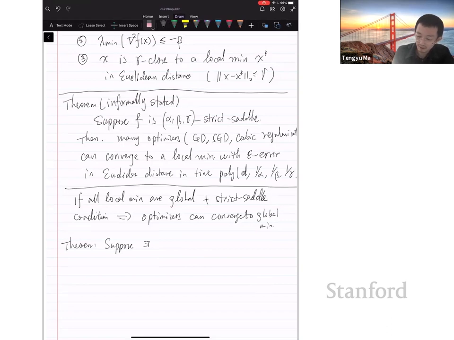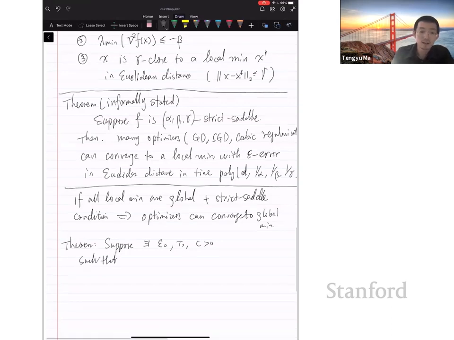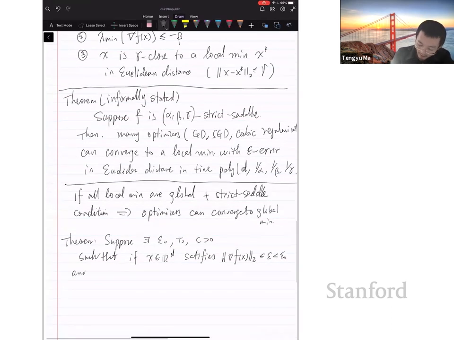So you say that there exists epsilon 0 and tau 0 and C such that if x in R^d satisfies the gradient is smaller than epsilon, and the Hessian is larger than minus tau 0.